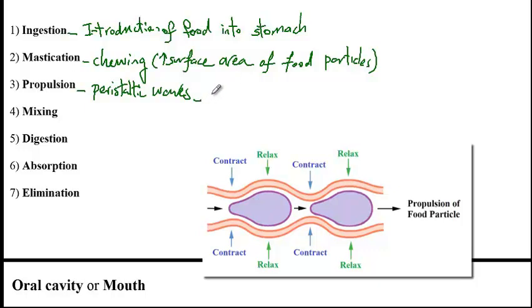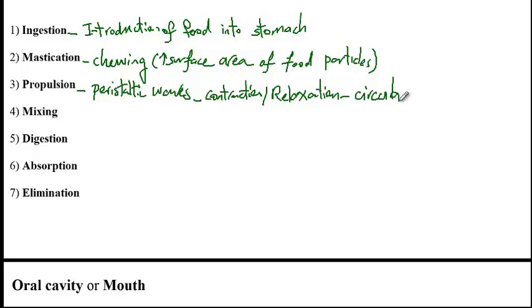So these are waves of contraction and relaxation that are induced by the circular smooth muscles.